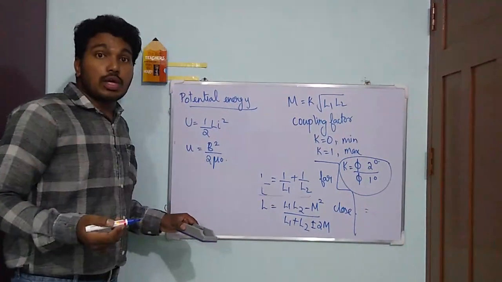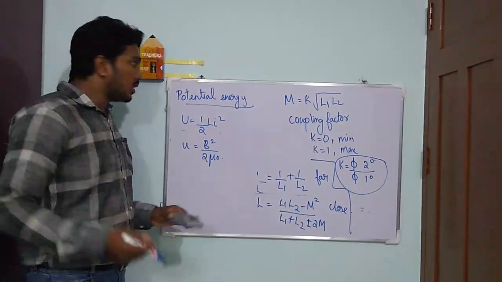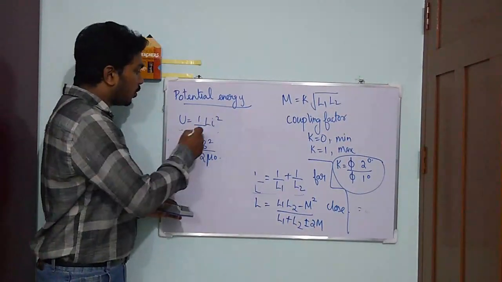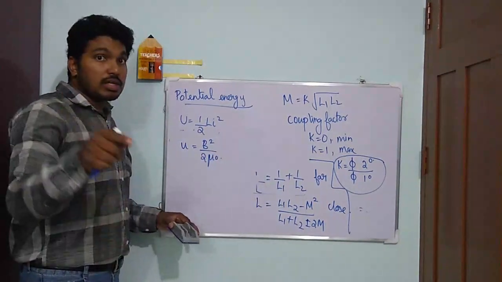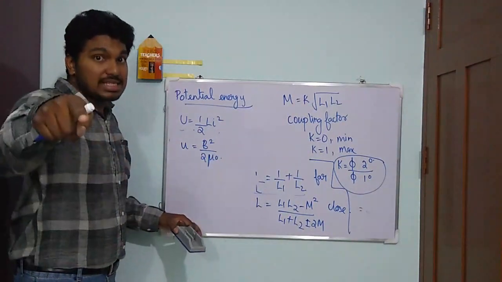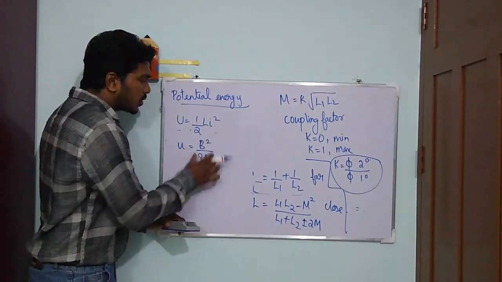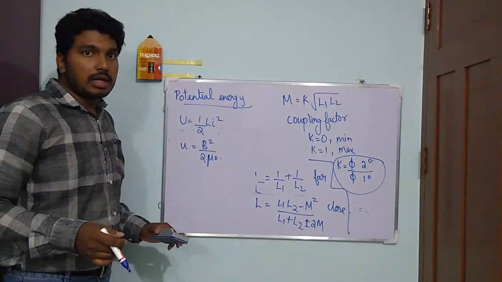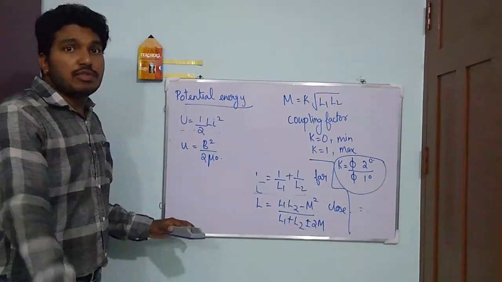So the potential energy or the work done is given by half L i square, and u is the energy density, that is energy per unit volume. Energy density is given by B square by 2 mu 0. Clear? Any doubts? If you have doubts, please feel free to comment below.